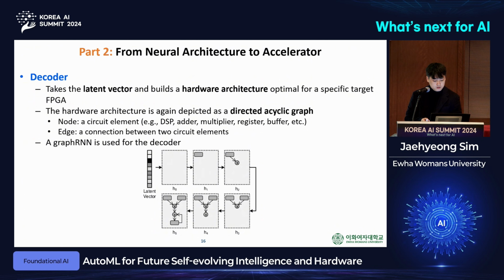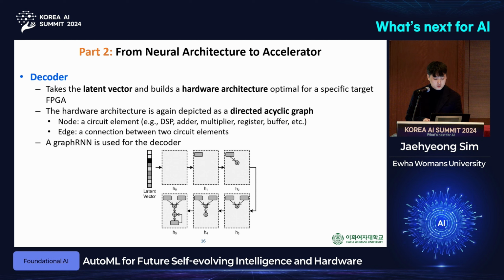And then these are the details about the decoder. This decoder takes the latent vector and builds a hardware architecture optimal for a specific target FPGA hardware. Again, hardware architecture can be depicted as a directed cyclic graph.